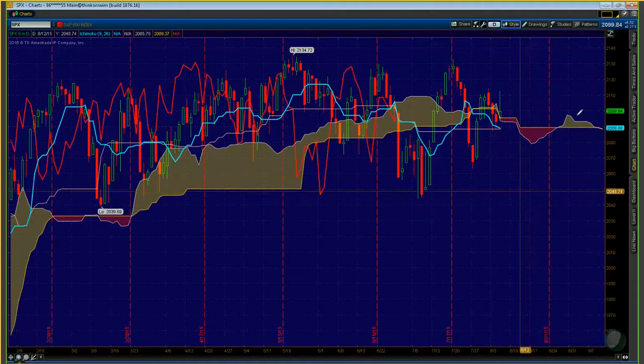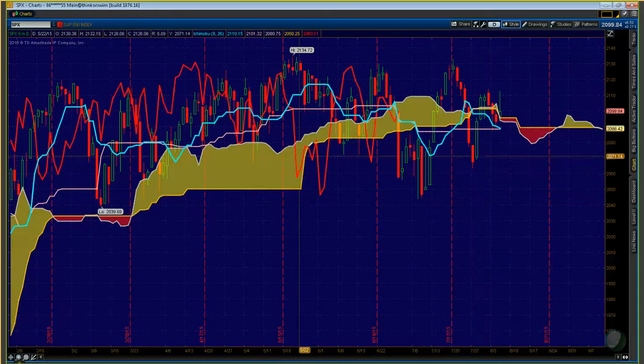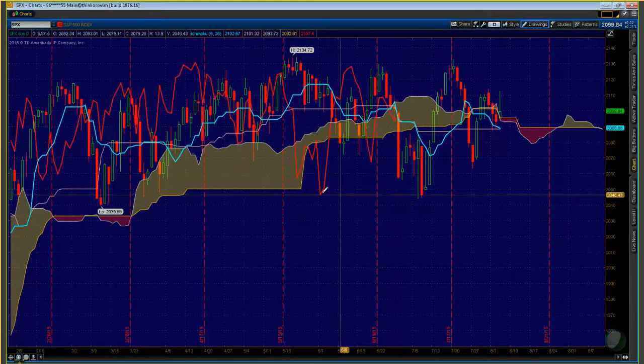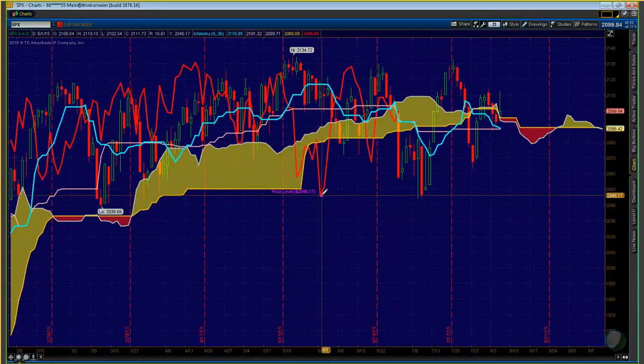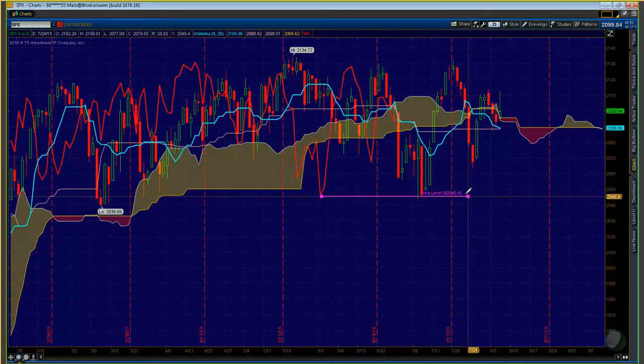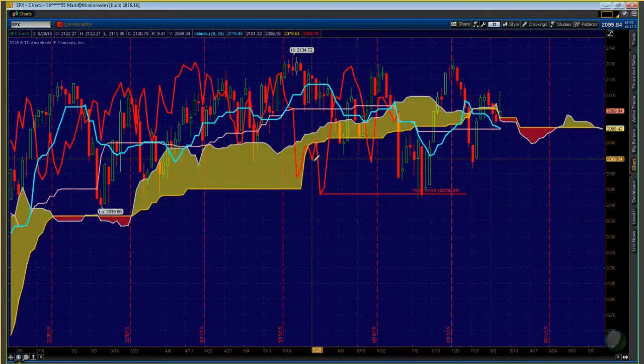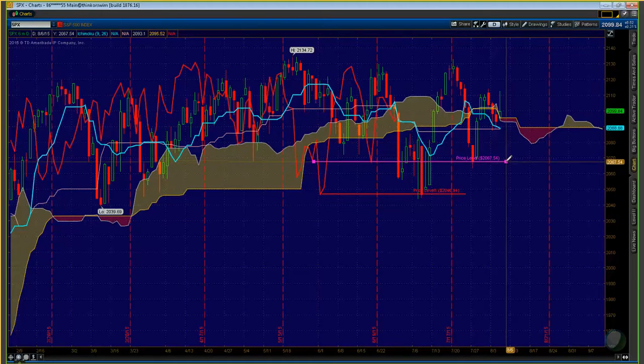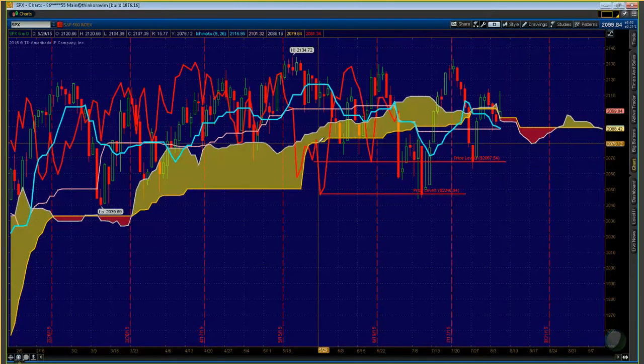I love it when I kind of add support and resistance to it. So, you can draw various support and resistance levels. The Chinku span is great for determining those. So if we do some price levels, if we find a support area, we can just shoot that across. Here's another support area or level, and it matches up with some stuff.